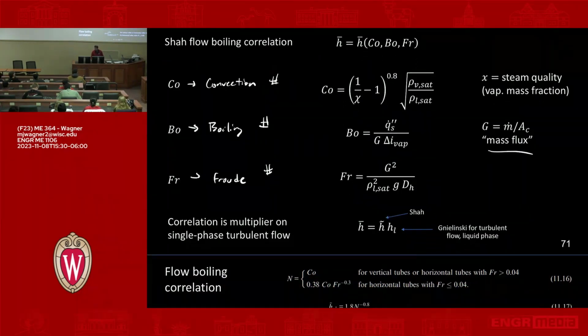Well, it turns out that first you just compute the Dittus-Boelter correlation. If you remember, we talked about the turbulent flow correlation. So first you compute the result for turbulent flow in the liquid phase, and then you modify that based on the Shah correlation. So the Shah correlation is a layer on top of the existing correlation, that then lets you compute h bar.